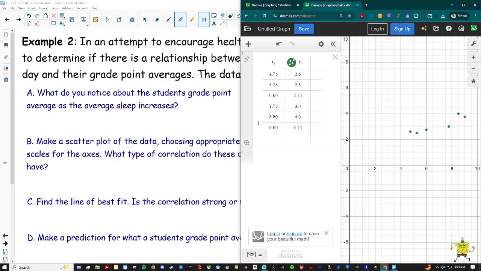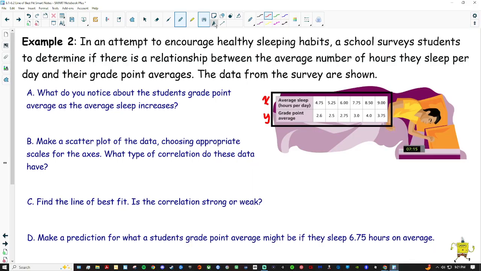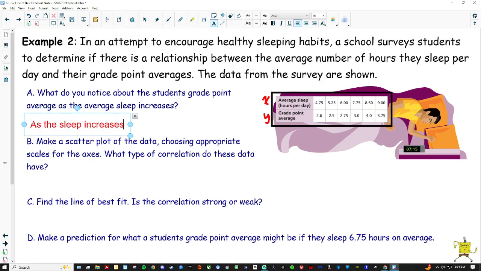So what do I notice? I notice that as our sleep increases, so do the students' GPAs. Okay, so let's write that. As the sleep increases, student GPA increases.